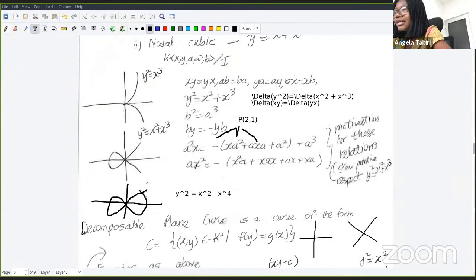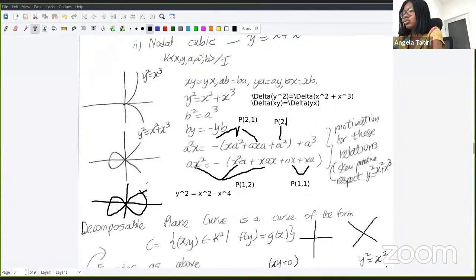Similarly, these three terms are the sum of monomials of degree (1, 2), so it is P_1,2. And these two terms, AX and XA, will be P_1,1. And this term here, A squared, will be P_2,0.